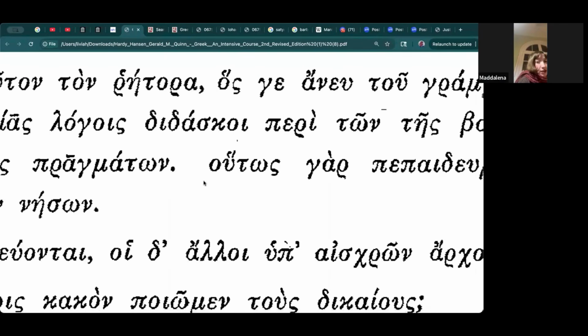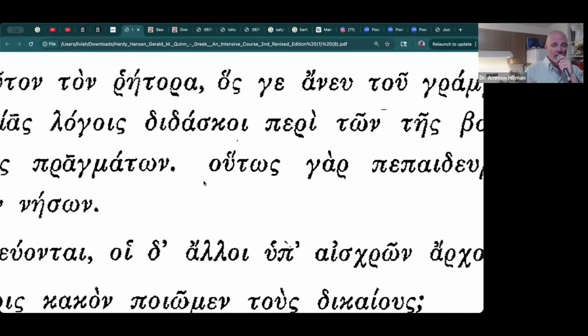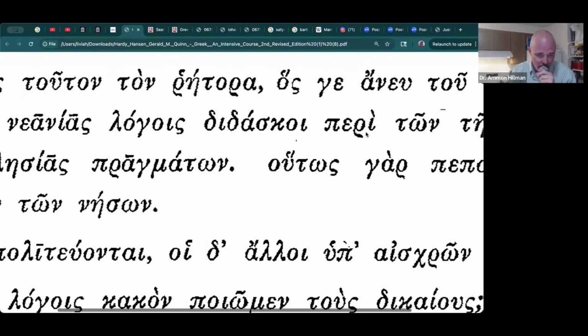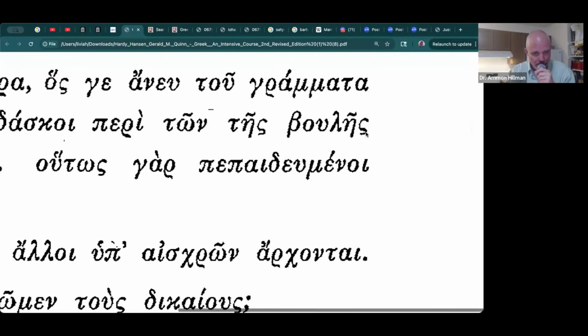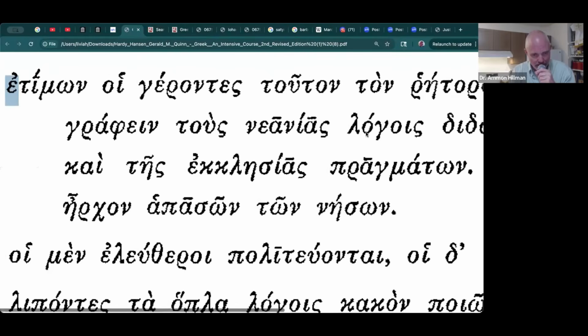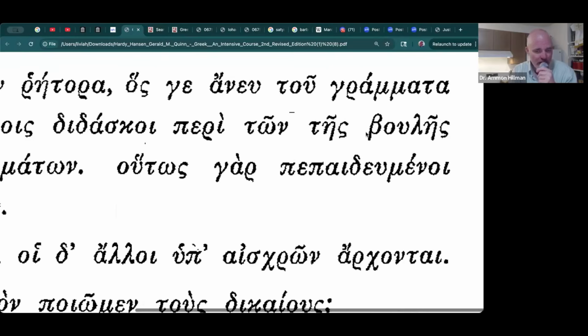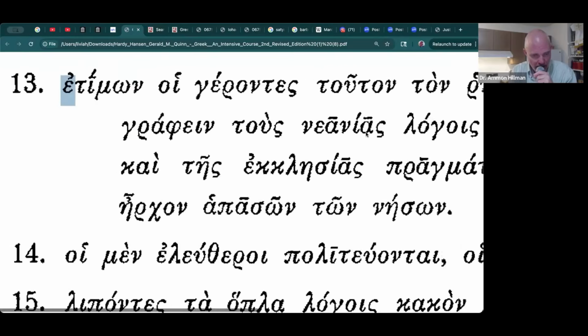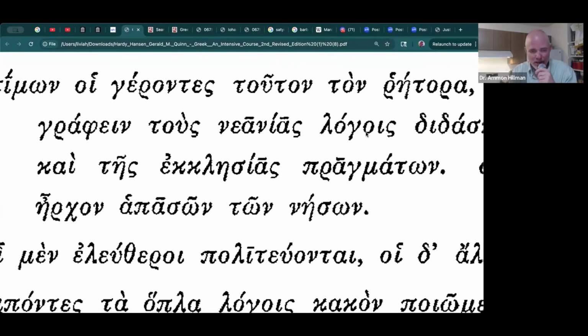That pragmaton is why I translated it affairs. Technically in Greek, you don't need the pragmaton here. When you see that first ton, you can think pragmaton with it. So again, these are not the greatest. Because they were so educated, ergon, right?